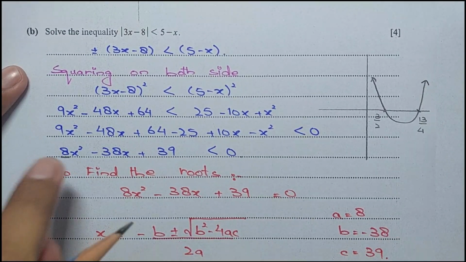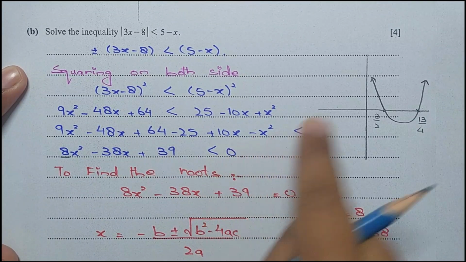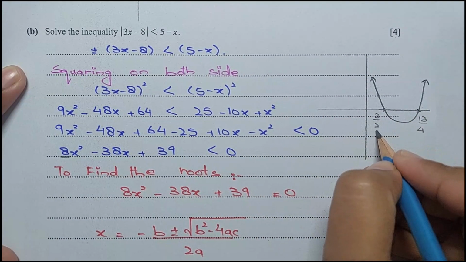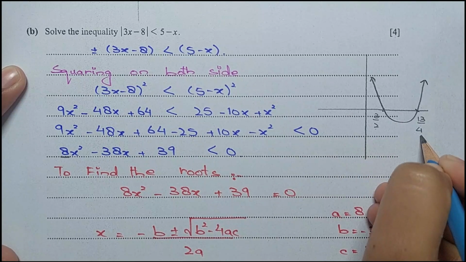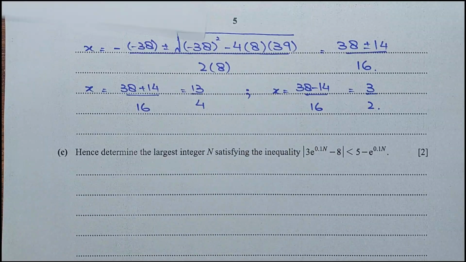Now we need to check when this expression is less than 0. When the x values are between 3 by 2 and 13 by 4, it is less than 0, right?